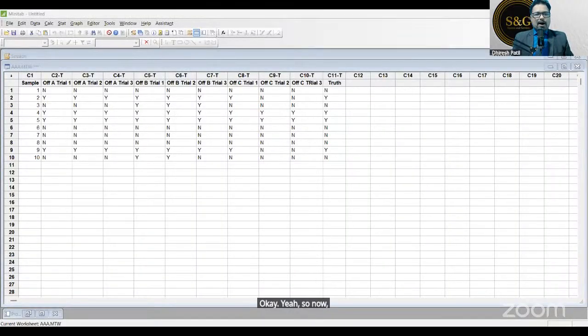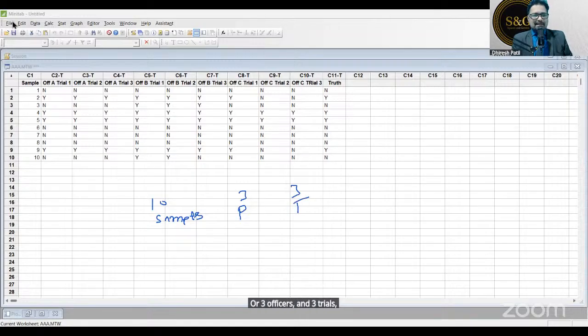So let me share my file once again. Okay, the file is about 10 samples of 10 loan applications. Now these are three officers. Do you remember, 10 samples, three officers and three trials, right?